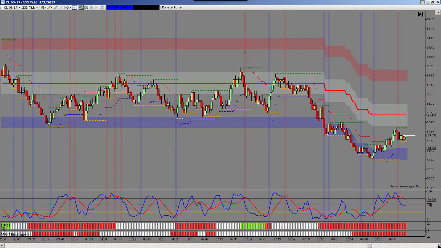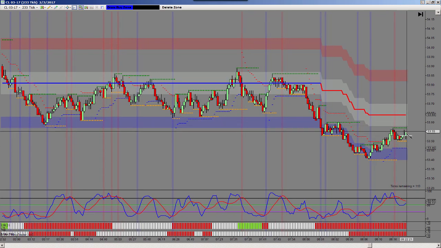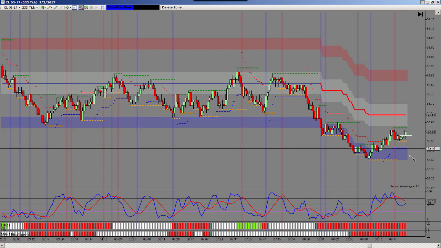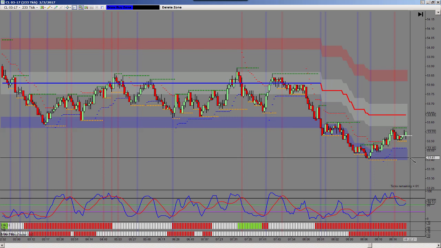And then here's confirmation. That's a close above the white line. So I could be in this trade at 53.56. I use a 15 tick stop. That means my stop is going to be at 53.41. I call it aggressive because it does not allow me to have my stop below this pivot. And so I just don't take those trades.